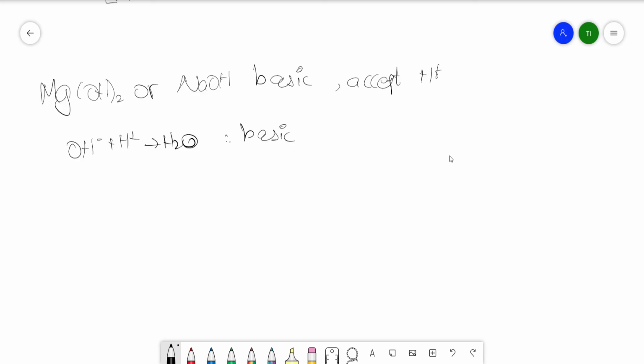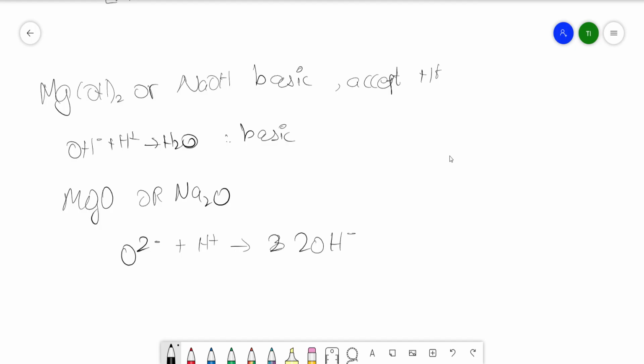The case with MgO or Na2O, the reason why these are basic is because O2- in these compounds can react with H+ as well to give, wait, what does it give? Right, it gives 2OH-.